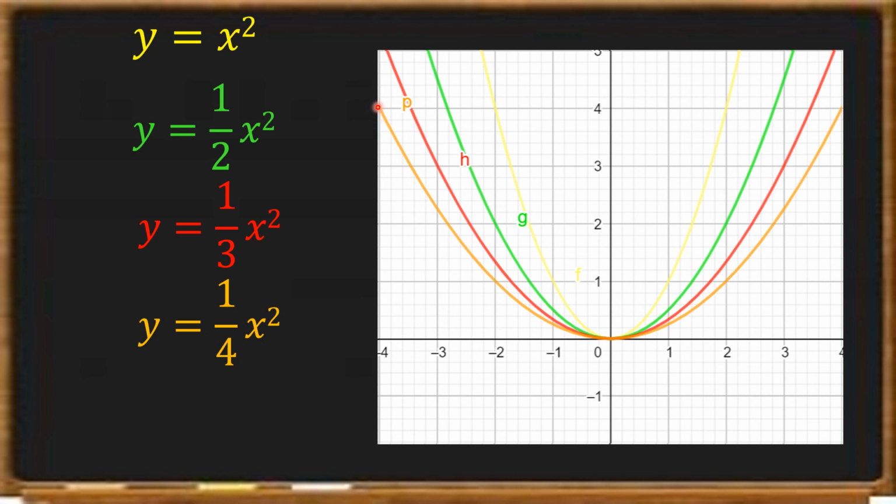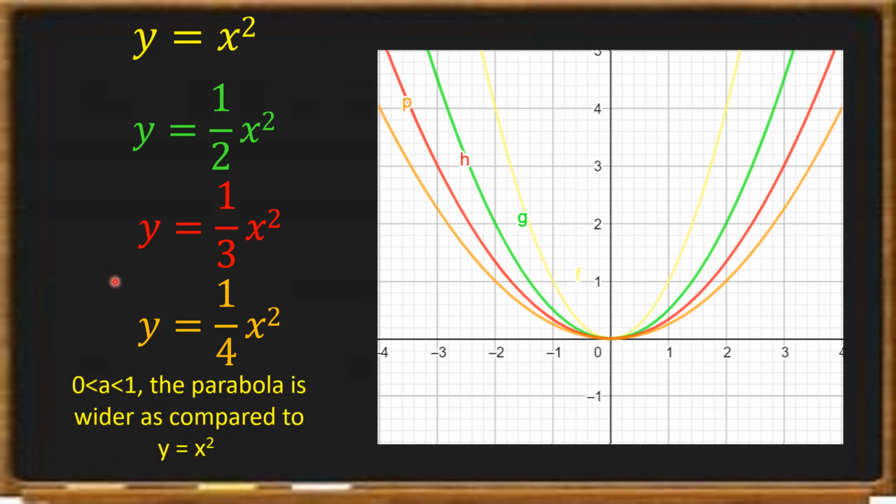The widest is the orange parabola, wherein our a there is 1/4. So it is from the 4, it is the smallest value of a. Okay, siya na yung pinakamababa. Pag binabaan nyo pa to, 1/5, 1/6, mas lalawak pa po yung parabola natin.